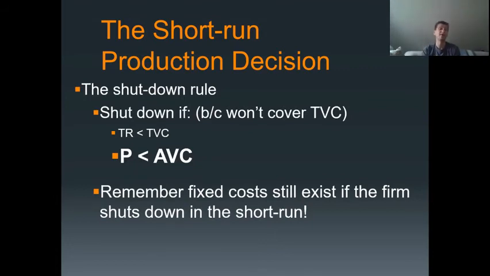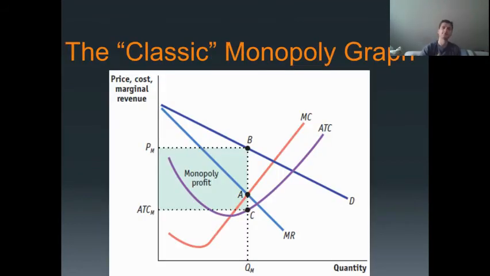If you can't pay for your total variable costs, then you need to shut down. So the way you find this is total revenue is less than your total variable costs, or on the graph, which is much easier to see, your price is less than your AVC. Remember, fixed costs still exist if you shut down in the short run, and that's why this occurs.